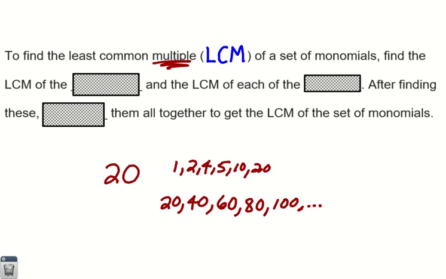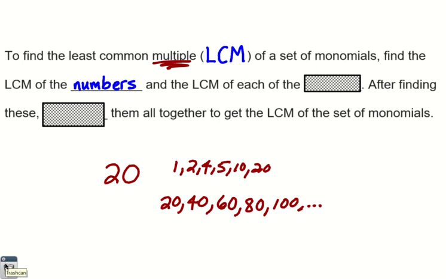So that's, in a nutshell, the difference between the vocabulary definition of factors versus multiples. Here, we're about to start to find least common multiples of a set of monomials. Well, it's kind of similar. We divide and conquer, right?